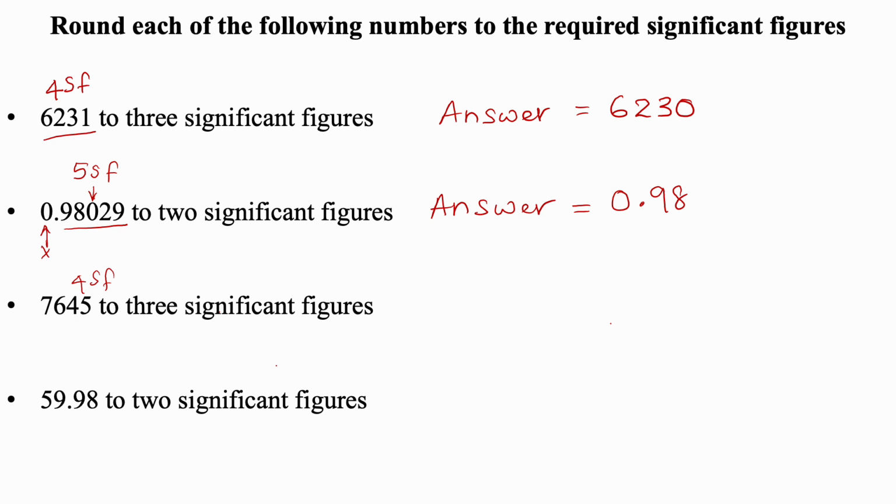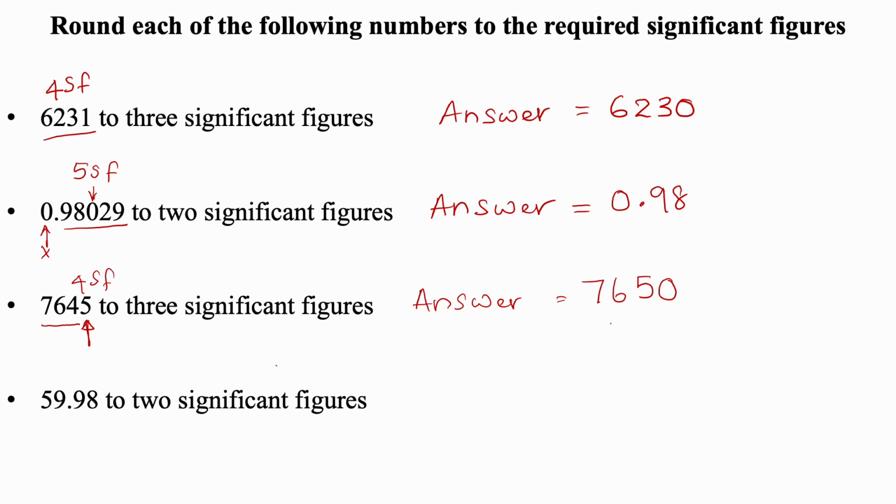When you are rounding off this to 3 significant figures, you are dropping number 5. So if you see number 5 or greater number, you are adding 1 to the next number, which gives you the answer as 7, 6, 5 and 0. Again, the last 0 here is not significant. Therefore, you have only 3 significant figures in the answer.